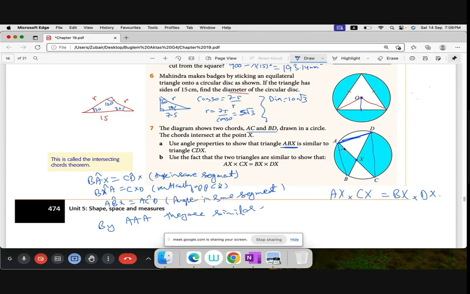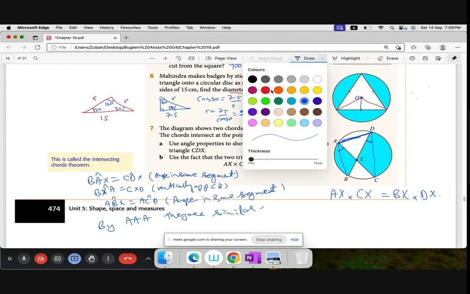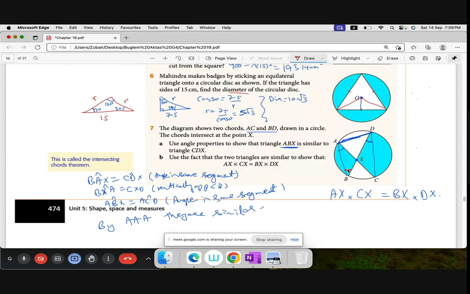we know that this angle is equal to this angle, right? Yes. And this right angle is equal to this right angle. So AX is in front of a red angle, and on the other side, that is DX.